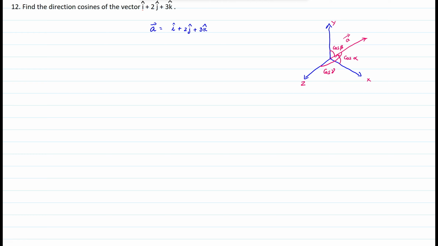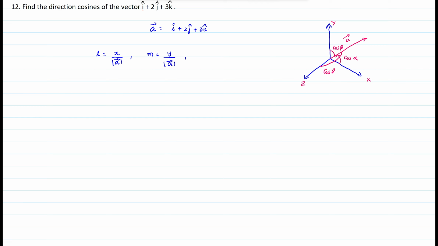So direction cosines are basically given by the formula: l is equal to the value of the x coordinate divided by the length of the vector, a vector. So this is for the x-axis. In the same way, for the y-axis, m is equal to the value of the y coordinate divided by the length of the vector.